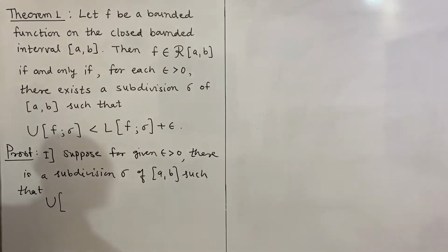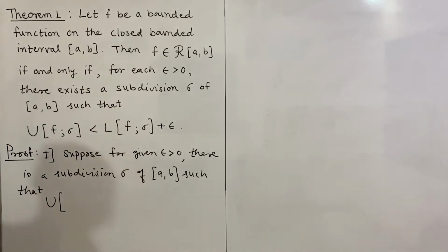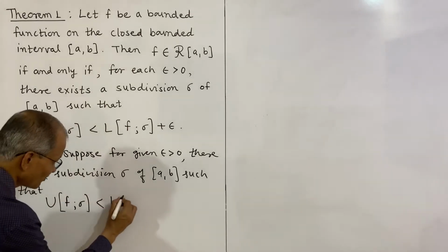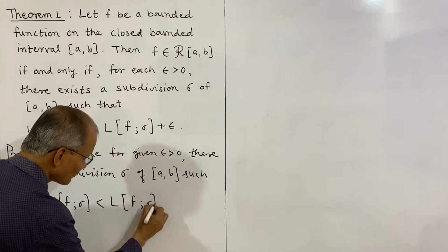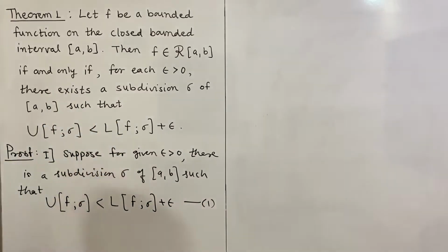We are assuming the second part first, and we will prove the first, that is, f is Riemann integrable. The upper sum of f on sigma is less than the lower sum of f on sigma plus epsilon, and we shall suppose this as the first result.